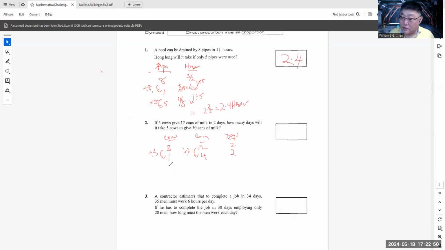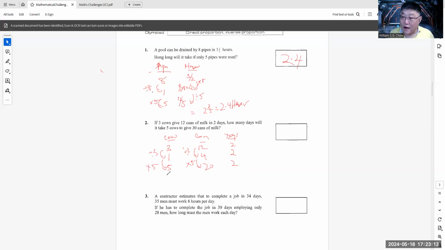So now I increase to 5 cows. How do you get that? You times 5, right? So this one now will also times 5. They are directly proportional to each other. So 4 times 5 is 20, in 2 days. Now the question is, how many days if they want 30 cans?